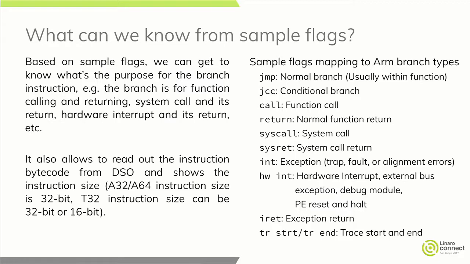But for ARM64 or ARM platforms, the instruction size is usually fixed, for example, 4 bytes or 2 bytes. But we can read out the instruction bytecode, because, for example, a memory access can also trigger a data abort, so it can cause a branch. So we can use this way to get more sense of what causes the branch.